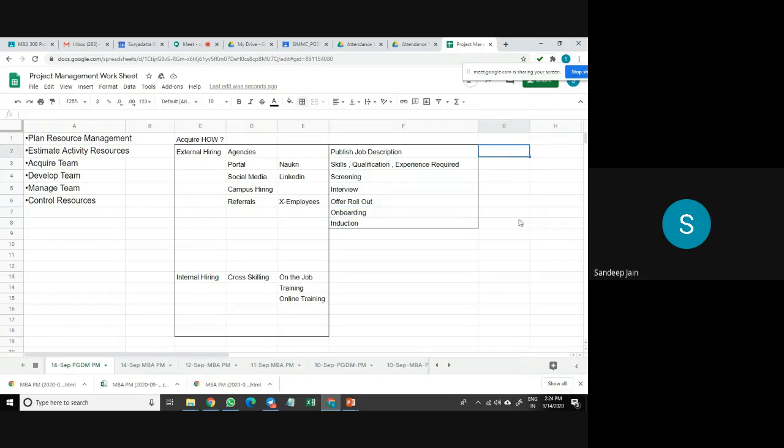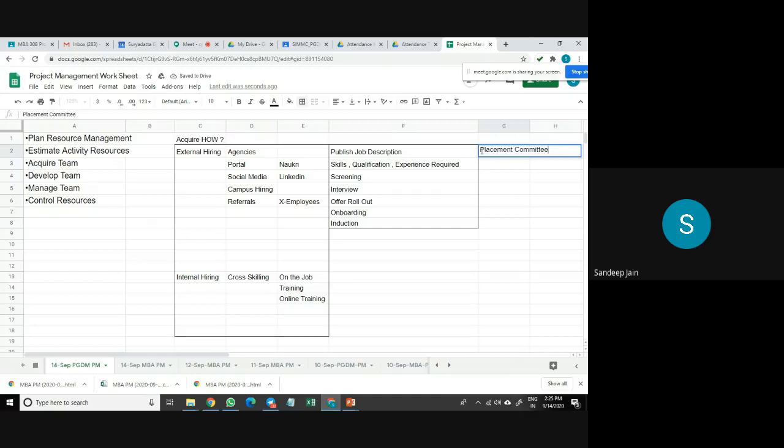And do you want to do a sample job description? So what is the job description of, let us say, a placement committee member? We have done the exercise of a placement committee. What would be the job description?